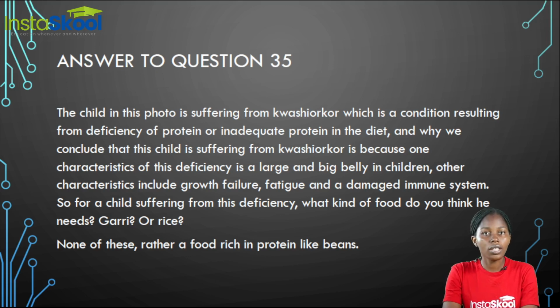So we conclude that this child has kwashiorkor because one of the symptoms or characteristics of people that suffer from kwashiorkor is large and big belly in children. Other characteristics or symptoms can include growth failure, fatigue, and a damaged immune system.